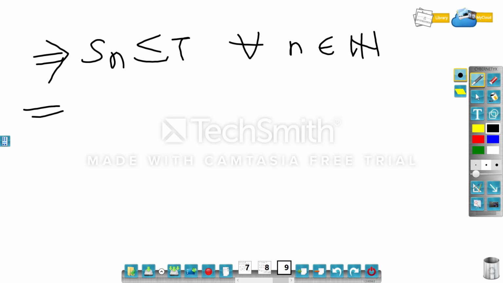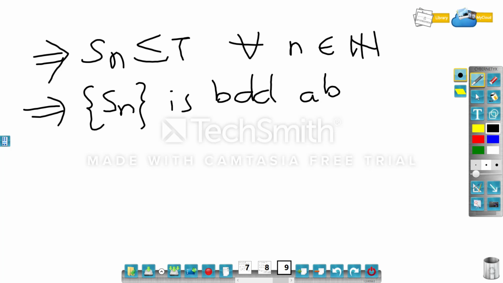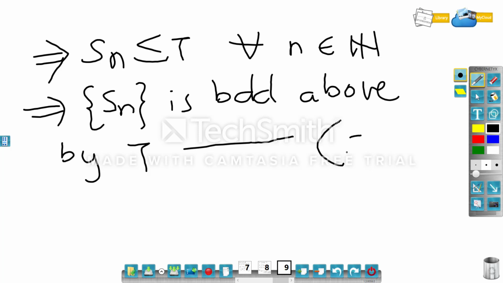That would imply the sequence Sn is bounded above by T. This is number C.